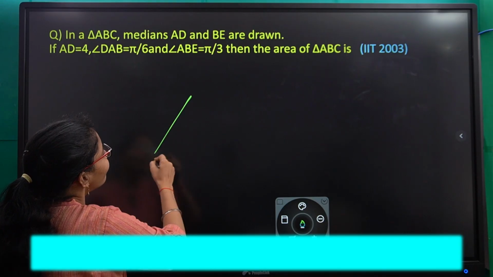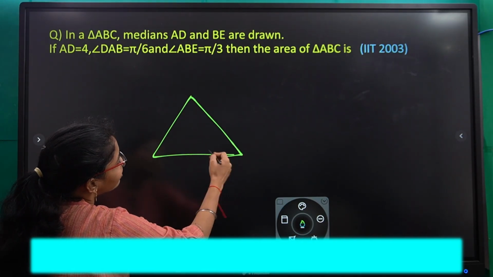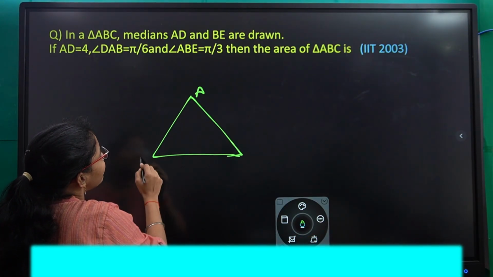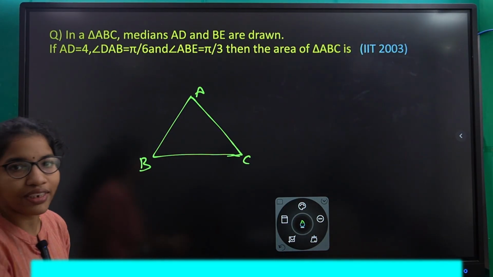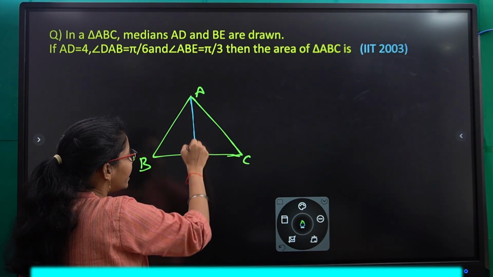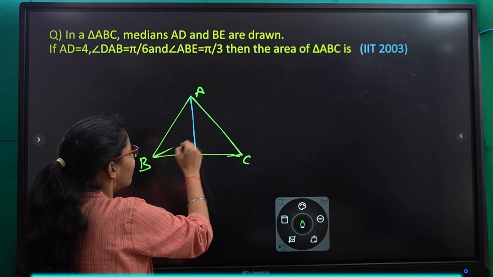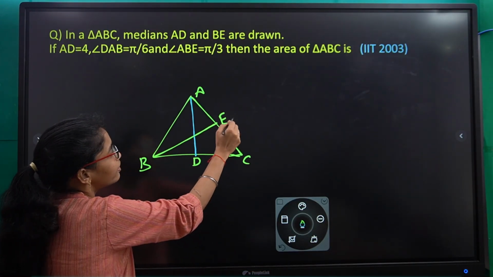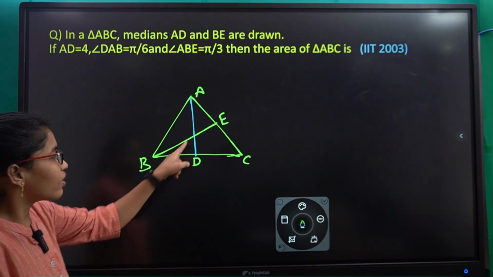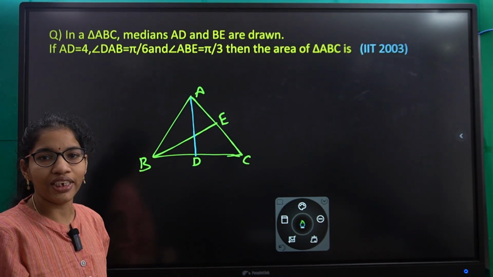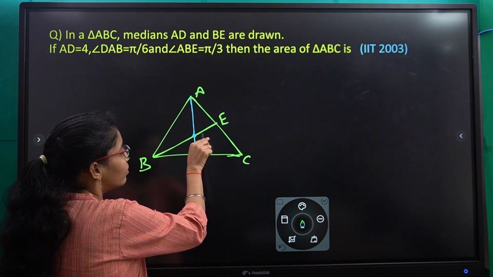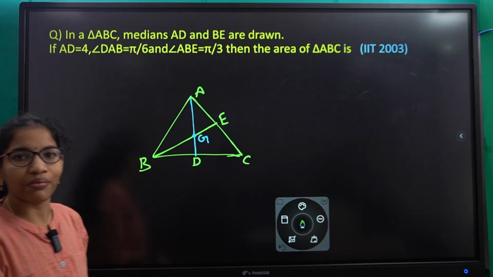Okay, so I have one triangle like this. ABC is a triangle, and they mention that AD and BE are the medians drawn. So AD is one median and BE is one more median, right? So what is the point of intersection, the point of concurrence of these medians, which is nothing but the centroid? So this is the centroid I am having here.